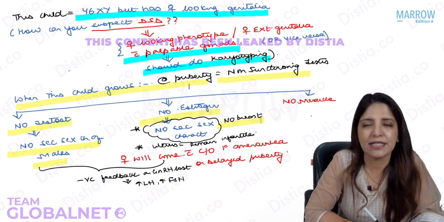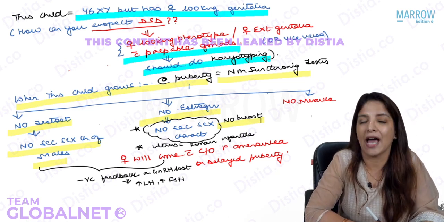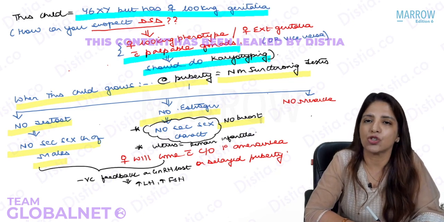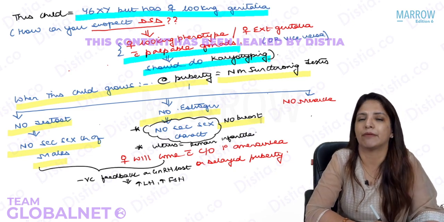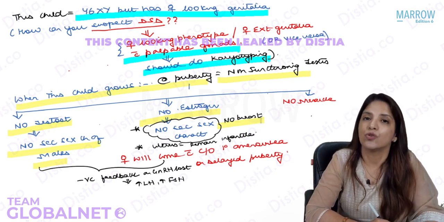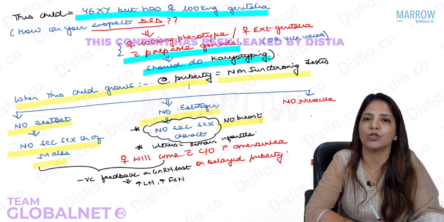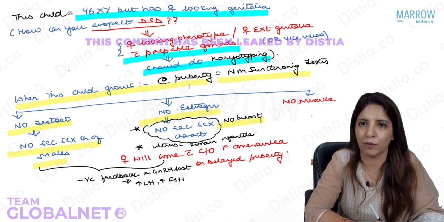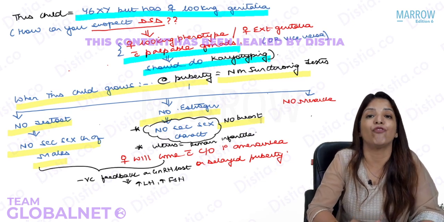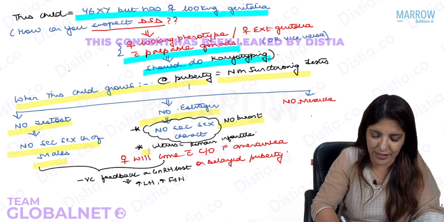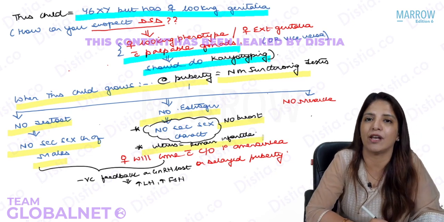And because they don't have any estrogen, and just now I told you, estrogen was required for proper growth of uterus, for proper growth of cervix and proper growth of vagina. So in this child, the uterus will not be properly developed, it will not grow, and it will resemble an infant-like uterus, and that is why we say the uterus is infantile.